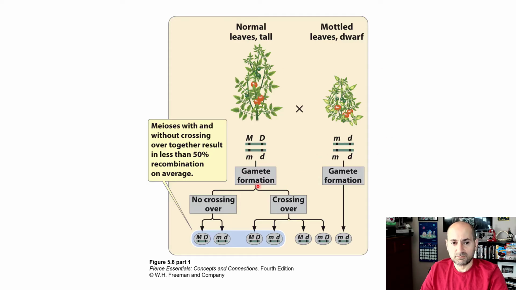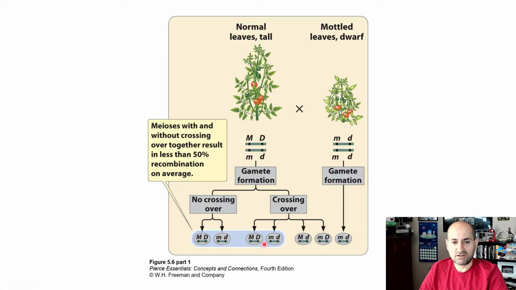Remember, there's gamete formation. There are non-crossover gametes, big M, big D, little m, little d, and then there's crossing over that can happen too, right? Remember, crossing over can introduce recombination, and that recombination would give you half non-crossovers, remember? Because out of the tetrads, only 2 are doing crossing over.